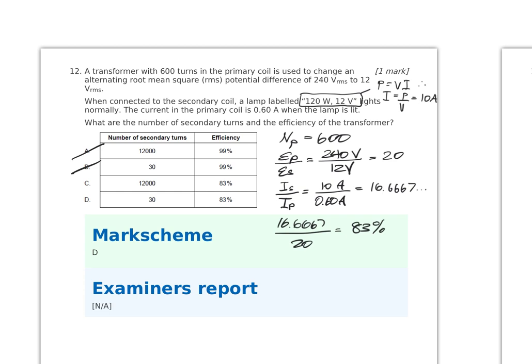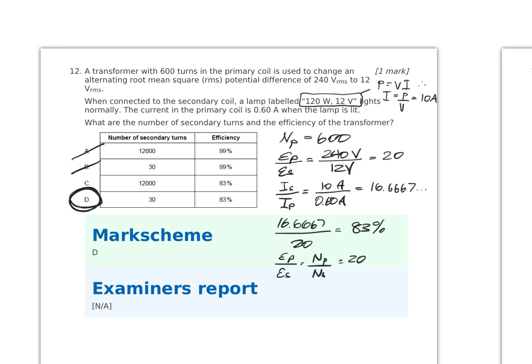And then if I figure out the number of turns, just looking at the original potential differences with that ratio of 20, the ratio of the voltages is the ratio of the coils, which is equal to 20. And so we have 600 turns in the primary coil, so then the secondary coil is going to be 600 divided by 20, or 30 turns.